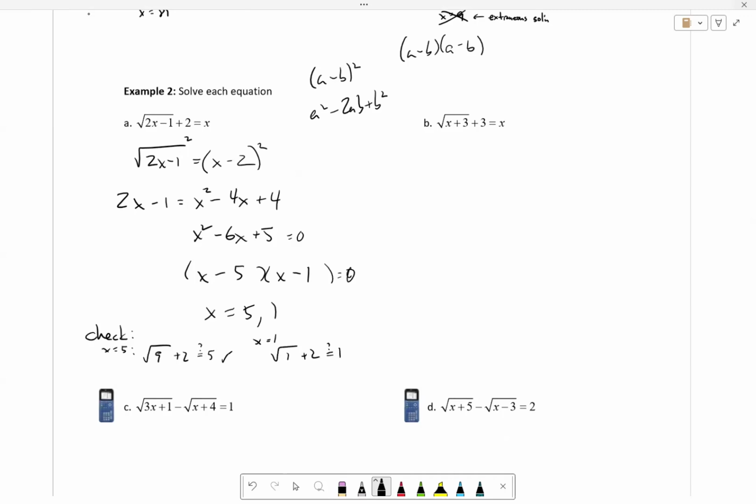Does that equal 1? Not in this country. The country where things are not true. The country of Oz. Not true. So x equals 1 does not work. You have to cross it out because it's what kind of a solution? It's an extraneous solution.